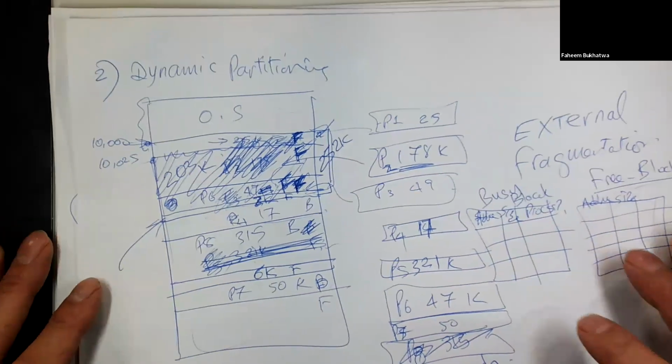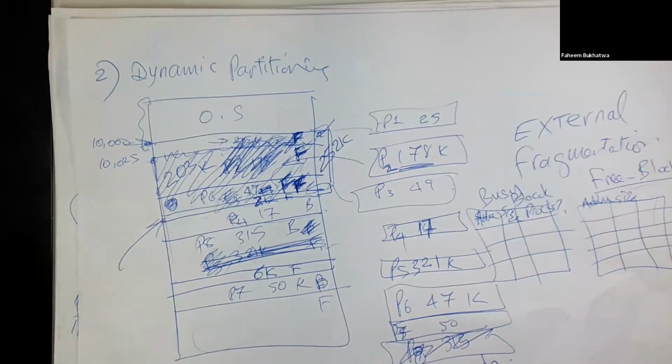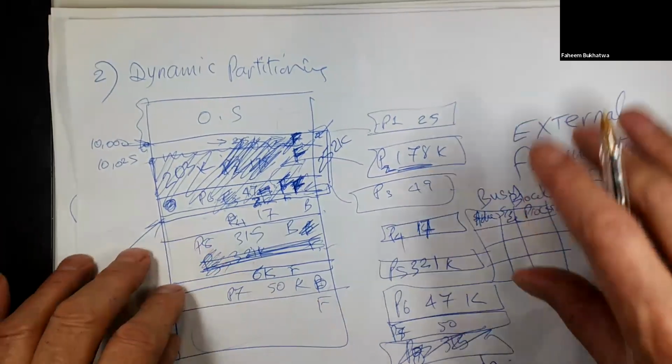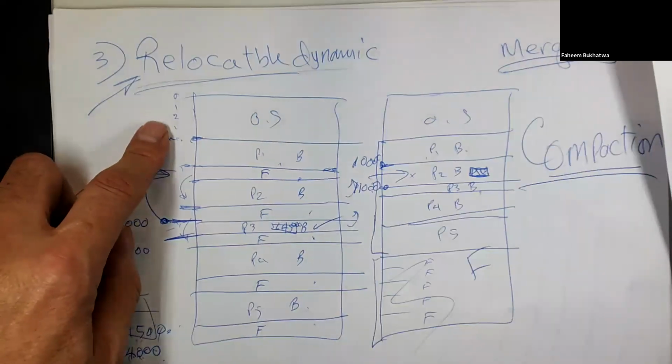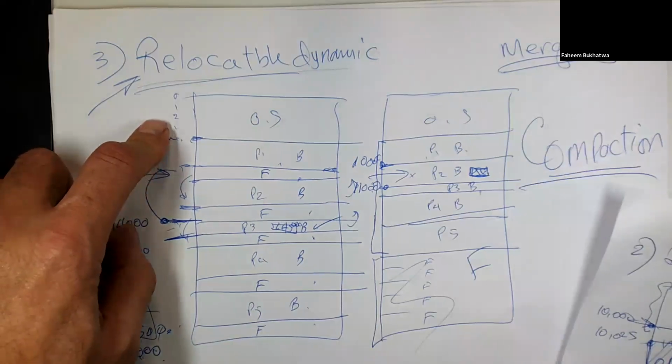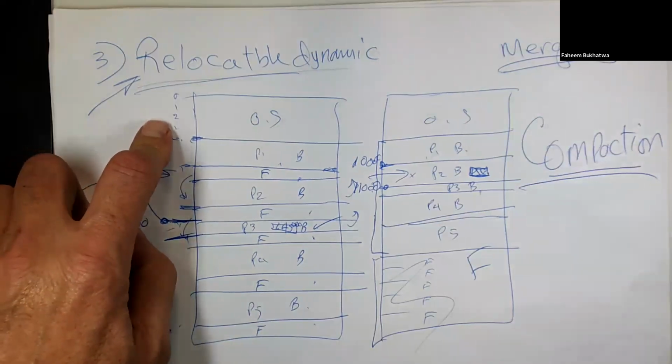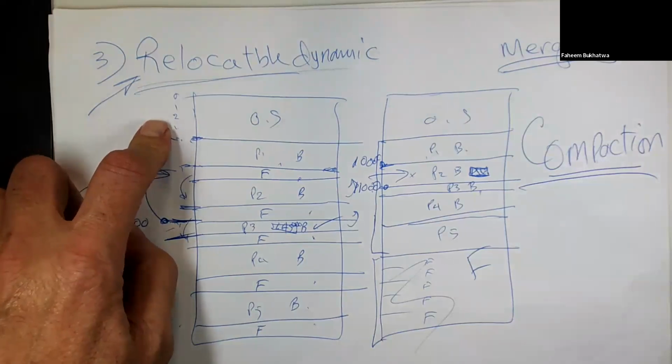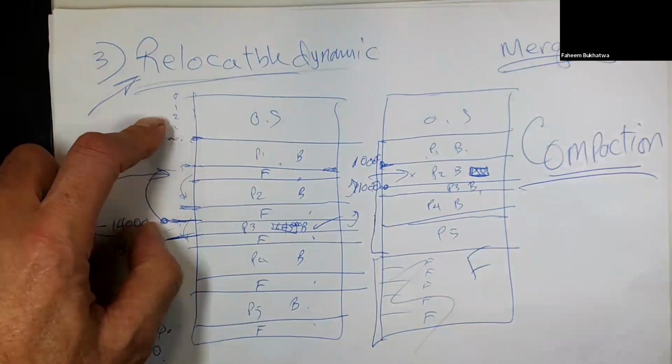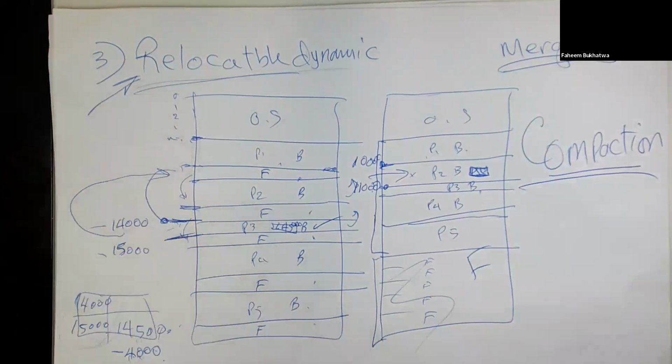Dynamic partitioning system is better in that it has no internal fragmentation, but it suffers from something called external fragmentation. Compaction, or relocatable, solves the problem of external fragmentation, but at a high cost. Very slow to run.